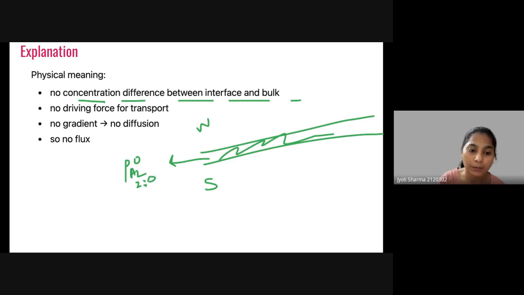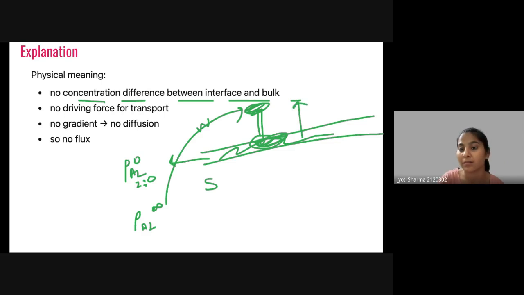But rho A2 infinity will be at the water side. So if we have the same concentration here, it means there will be no flux moving. So there is no driving force for the transport, no gradient, no diffusion, so no flux.